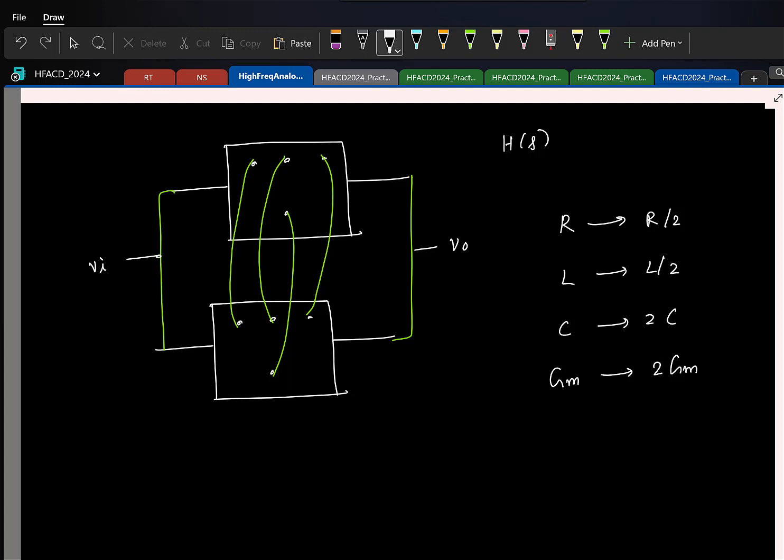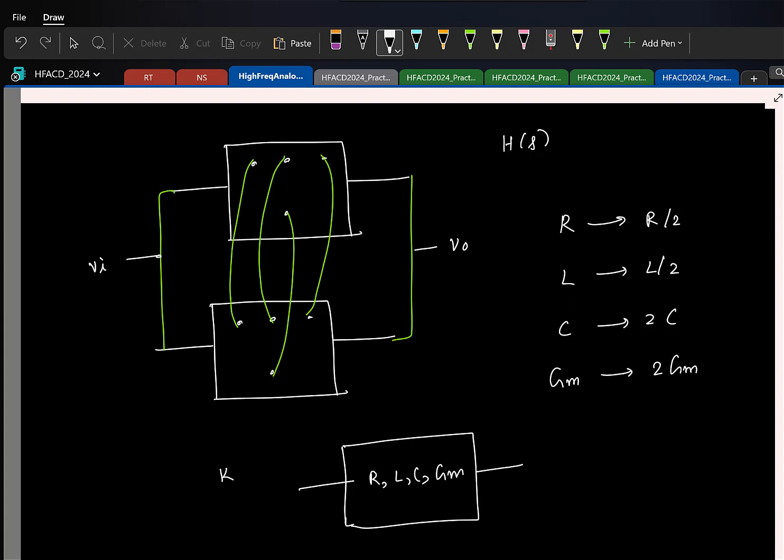So now you should get the idea. So if you have some network, let us say it has all these guys, right? So if you want to make sure that you don't change the transfer function and just want to reduce the noise, let us say by a factor k.